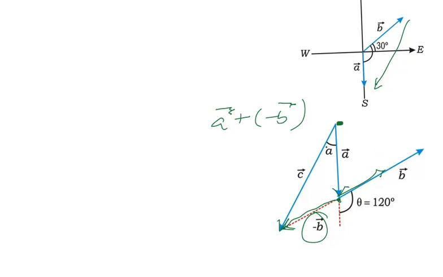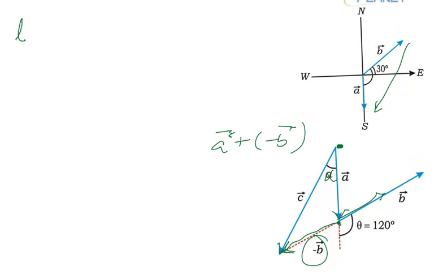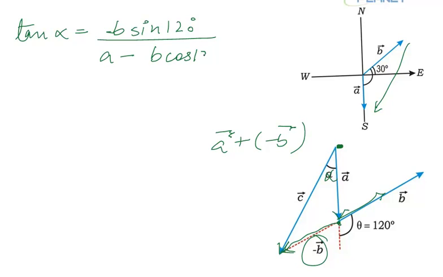Now let us say we wish to find out this angle alpha. So tan alpha will be given by B sine 120 degree upon A minus B cos 120 degree. So what is B?